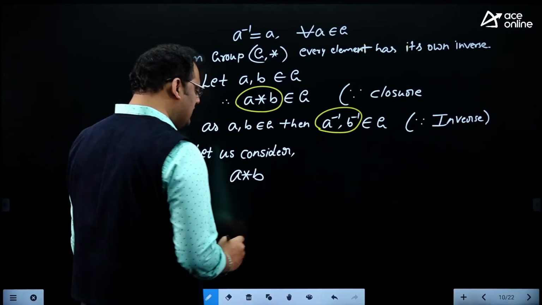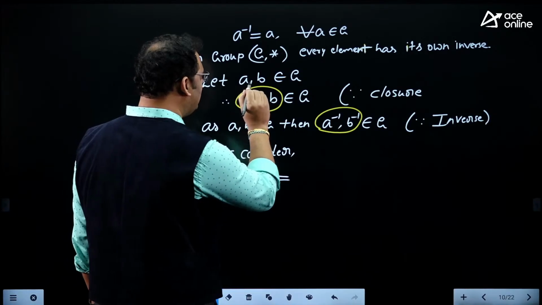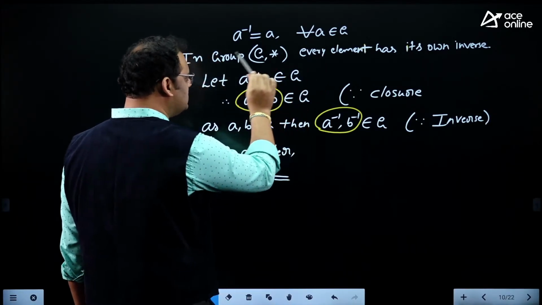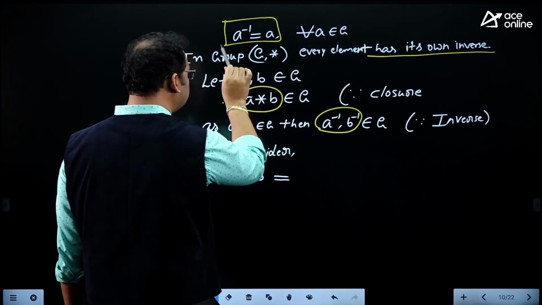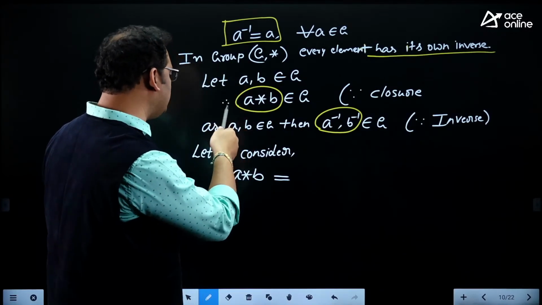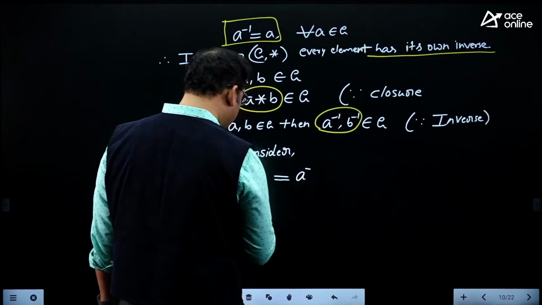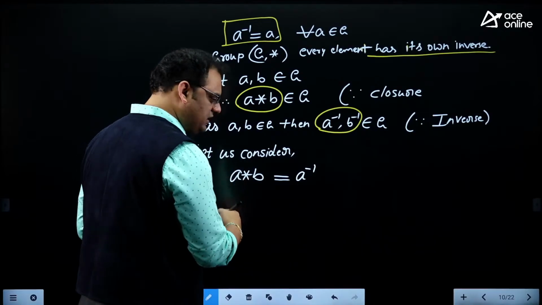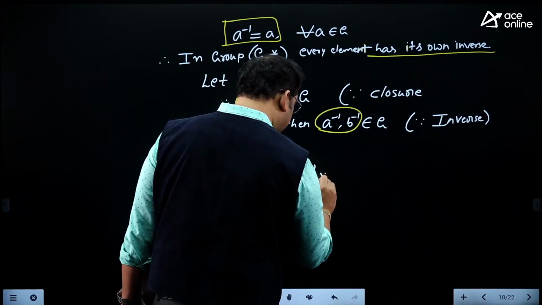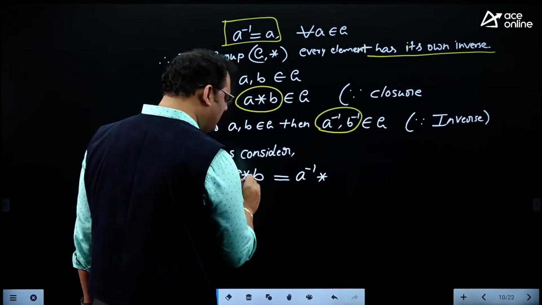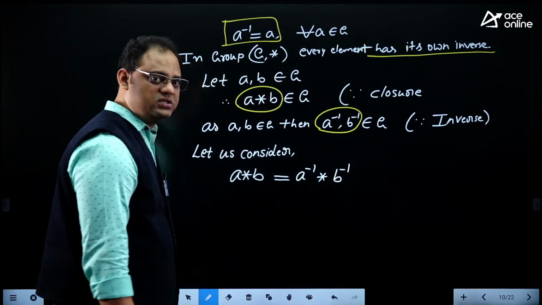Let us proceed. Sir, A star B is equal to, you mentioned that every element in the group has its own inverse, which means that A inverse is equal to A, B inverse is B, X inverse is X. In that fashion, A is nothing but A inverse, something like star, and B is nothing but B inverse, right?